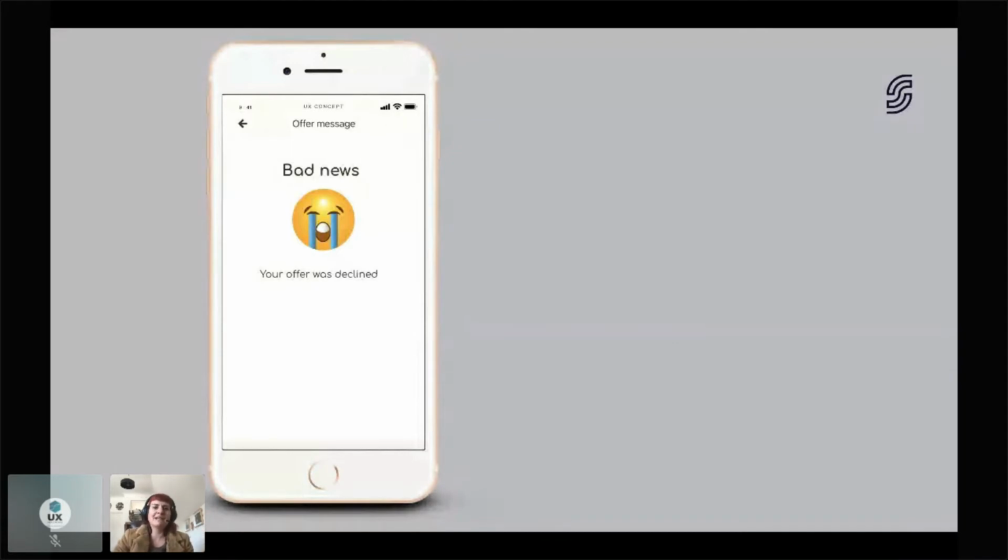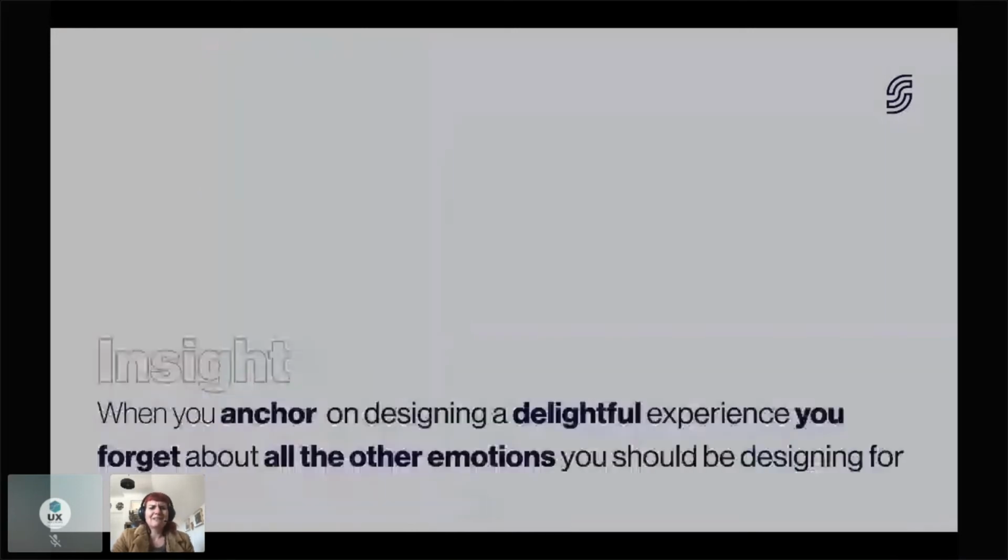But what if we decide to have a delightful experience where you have to wait for an animation every time you interact with the system? And also, the moment that we think about delightful, what other emotions are we forgetting about? The insight here is, when you anchor on designing a delightful experience, you forget about all the other emotions that you should maybe be designing for.